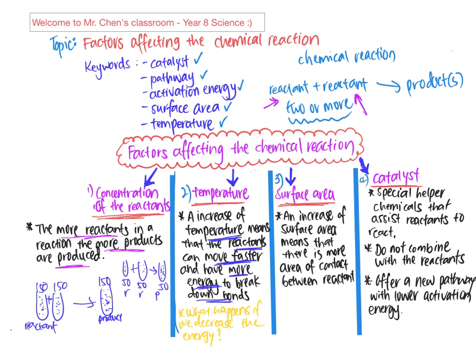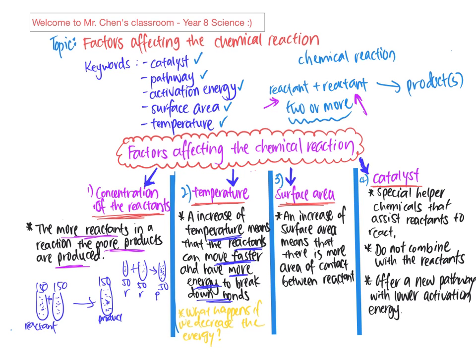So if you heat your reactants up, they will move faster. The reason is the heat energy. The more heat energy it absorbs, the more it vibrates. The more it vibrates, the more violent it is, which allows it to break down bonds.